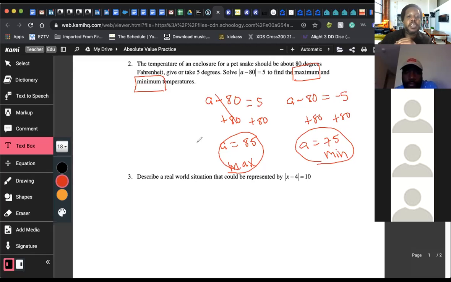I don't need to do the inequalities because they're not asking for a range. They just ask me what the max is and what the minimum is, all right? So that's why I have these two solutions, because whenever you have a positive answer for your absolute value equation, you're always going to have two solutions. And because it asks you to find the max and the min, you can identify both of those.